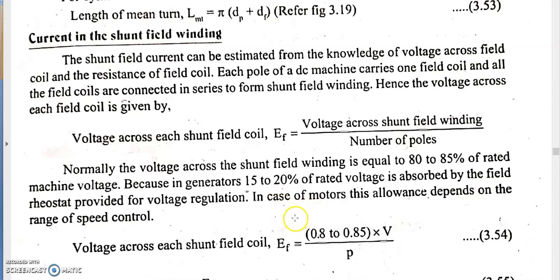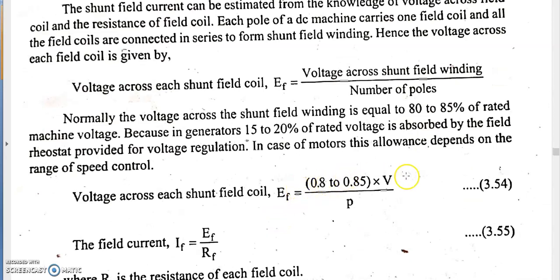But to vary the shunt field current, we will be connecting a resistance in series with the shunt field winding, so that the resistance can be varied for the voltage regulation process, or speed control process if it is a motor. So that resistance will absorb some voltage across it. So 15 to 20 percentage of the rated voltage applied across the field winding will be absorbed by the field rheostat provided for voltage regulation purpose. So only the remaining voltage will be available across the shunt field winding.